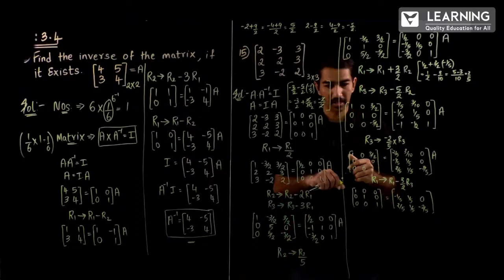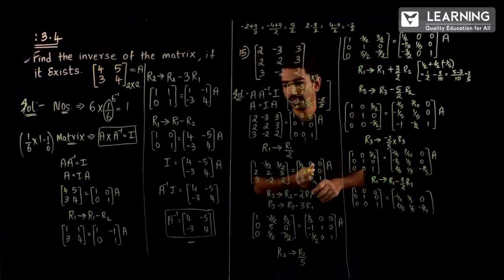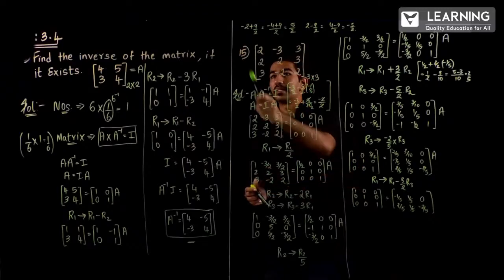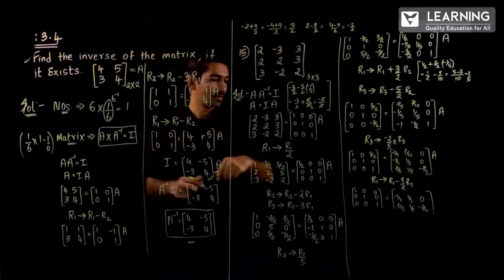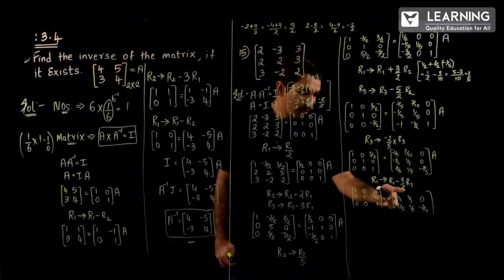Okay, so here we have to work out again. So for working out, we will take this space. Okay, this space we'll take here. R1 minus 3 by 2 of R3.